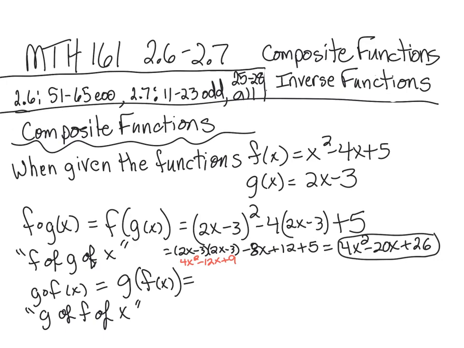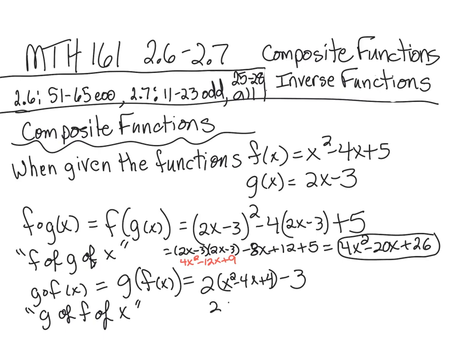Now, let's go the other way. In the next problem, we have g on the outside, and we're plugging f of x in. So we start with that outside function, and we copy that structure. It's 2 something minus 3. And the something is the entire function f of x. This one's much easier.